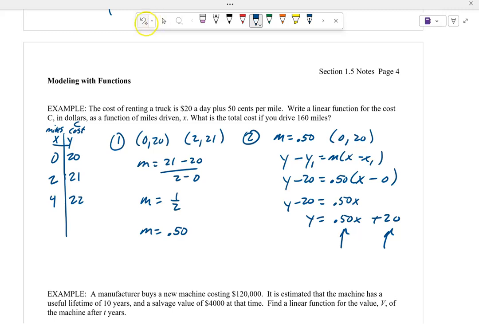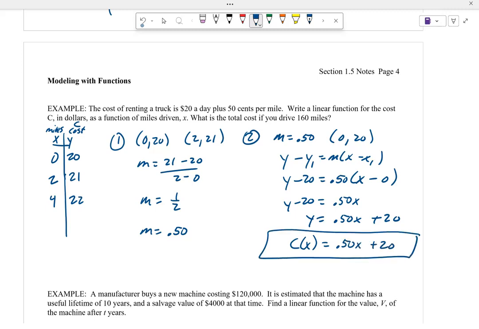Hopefully that's kind of intuitive, but we do want to write this in function notation. This is y, the output. That's your charge based on how many miles you drive. Right, there's our equation. So however you want to think about that: 50 cents times the number of miles driven, x is miles driven, plus the $20 charge.